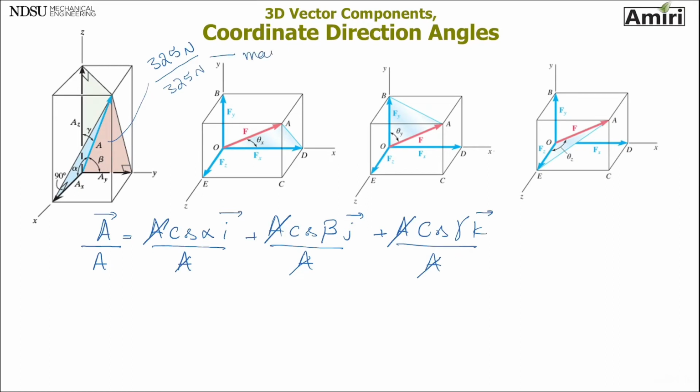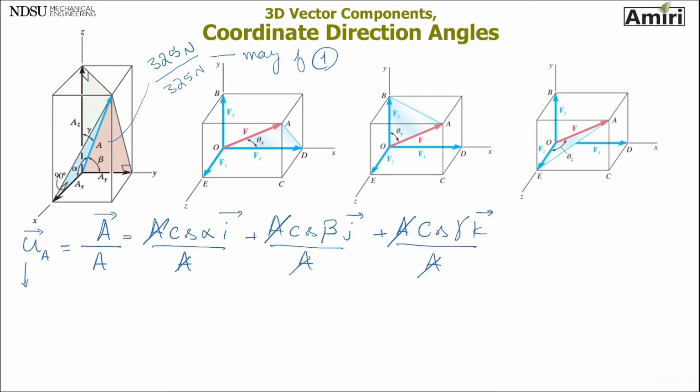A magnitude of 1. The direction is still the same. So, do you know what we call a vector with a magnitude of 1 in a certain direction? Yes, you're right. We call that a unit vector.